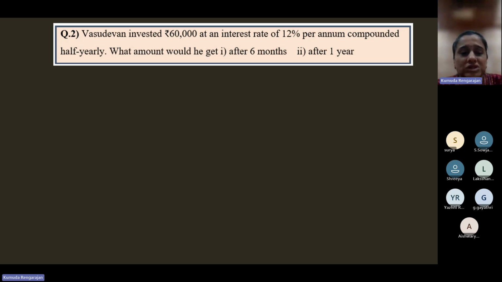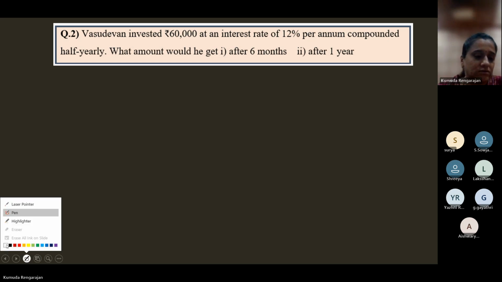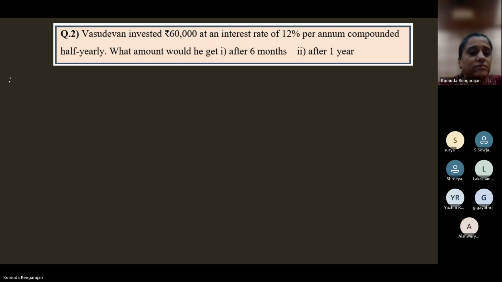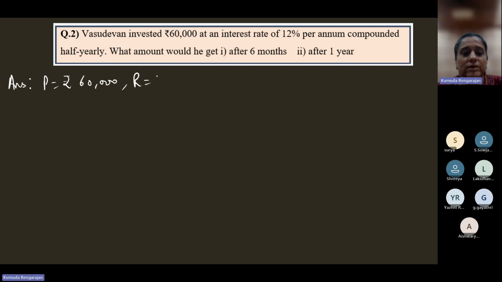Okay, now the question is, what amount would he get after 6 months, after 1 year? See here. Principal, rupees 60,000. Rate, 12%.